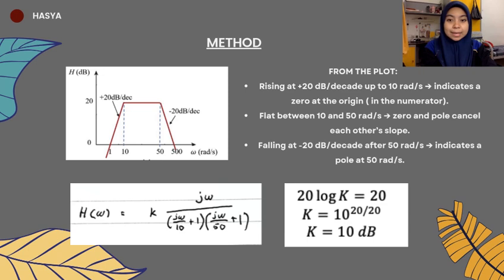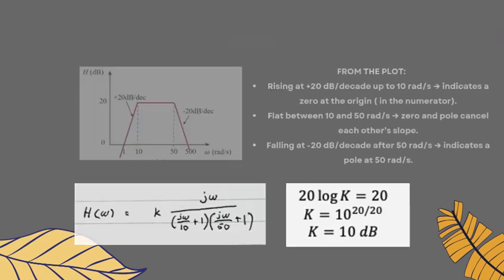And since k is a constant, we can use the formula 20 log k equals 20, because we can see that the amplitude of the graph itself is 20 dB. So to find k, we use the anti-log formula, and now k is equal to 10 dB.